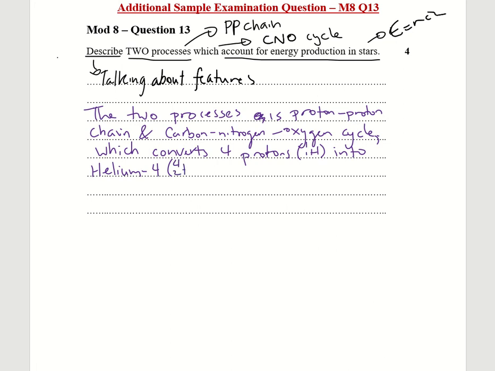The reason I'm writing these symbols down is in case I need to mention them later on, I can do it in the shortcut way. So, which converts 4 protons into helium and releases energy due to the nucleosynthesis reaction.